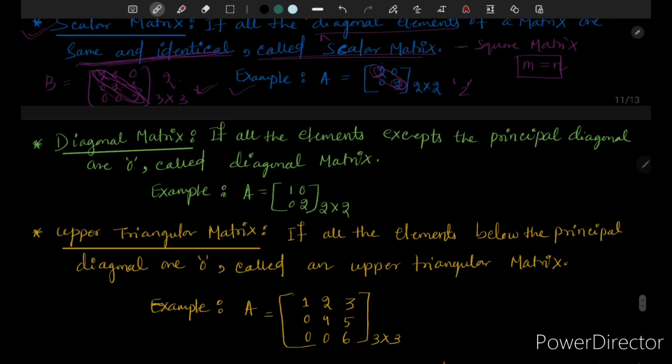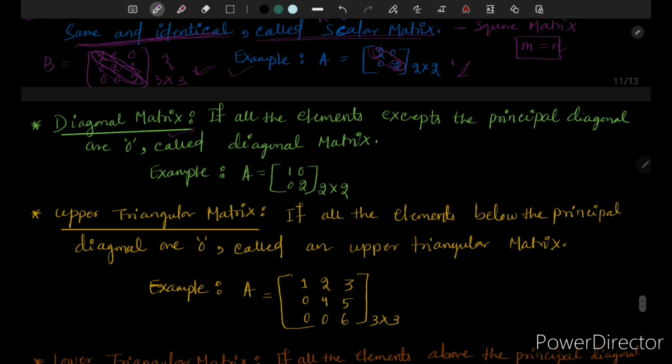And coming to the next type of matrix, this is a diagonal matrix. So what is a diagonal matrix? If all the elements except the principal diagonal, I am repeating, if all the elements except the principal diagonal are 0, it is called a diagonal matrix. So this is the principal diagonal, and we have 1 and 2 as principal diagonal elements, and these are the off diagonal elements.